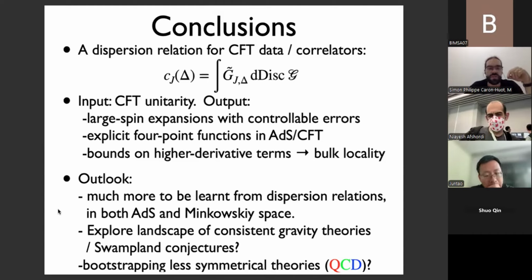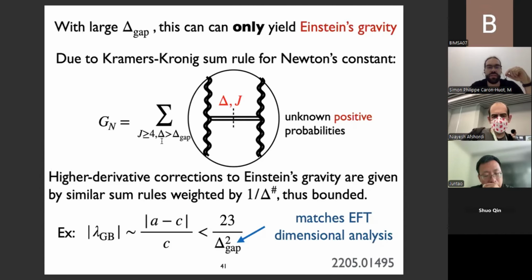Some of these constraints, at the moment, are still speculative. It's an outlook. But I believe we can hope to make progress on some statements. For example, there are conjectures about what happens at this cutoff, delta gap.